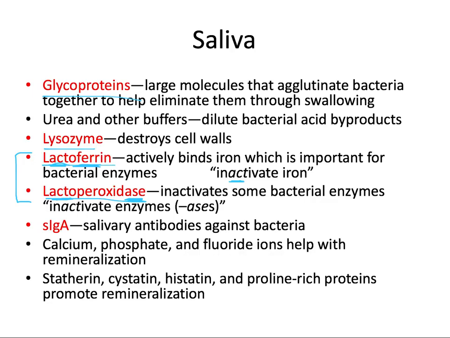Saliva also contains salivary IgA, which is immunoglobulin A. It's a salivary antibody that's specifically made against bacteria in the oral cavity. Of course, saliva also contains calcium, phosphate, and fluoride ions that help with remineralization. You know all about that by now. And it also contains other things that can help promote the remineralization process.